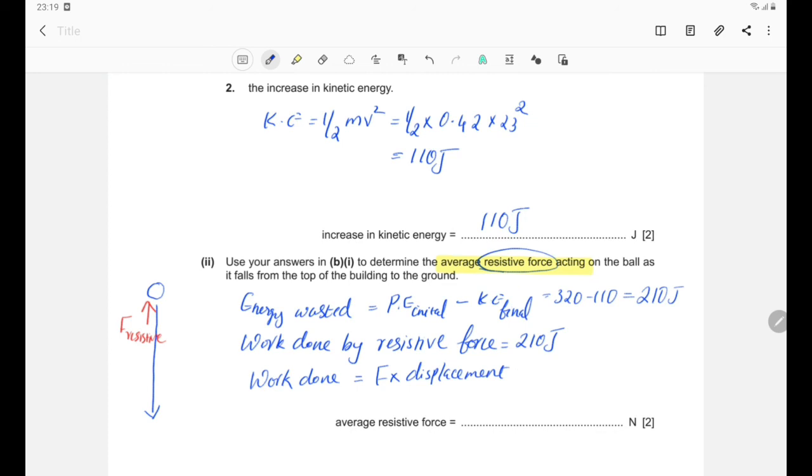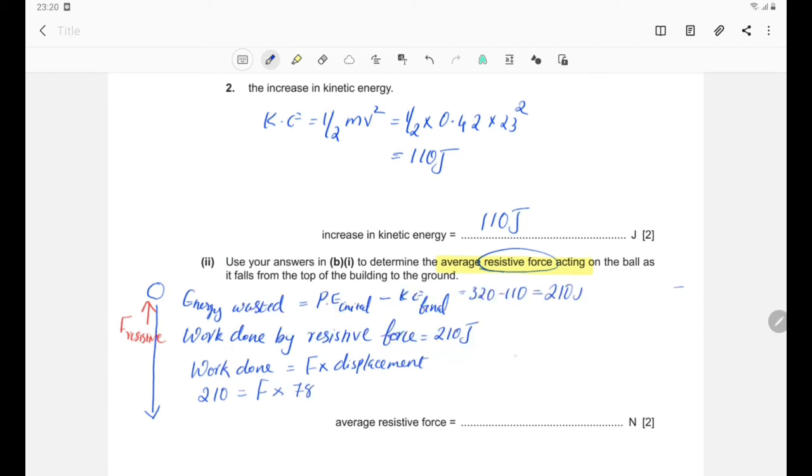So here we have the work done, that is 210 joule, the work done by the resistive force. It will be completely the energy wasted. So 210 is equal to the resistive force, which we don't know and need to calculate, times the displacement of the ball. That is the total displacement of the ball from the top position to the ground, which is 78.